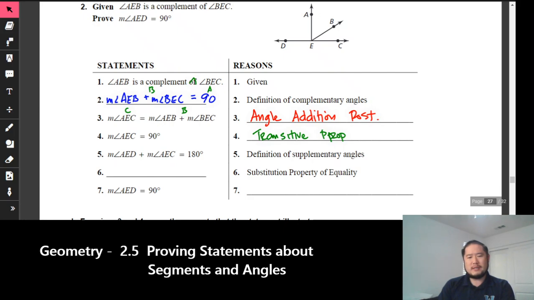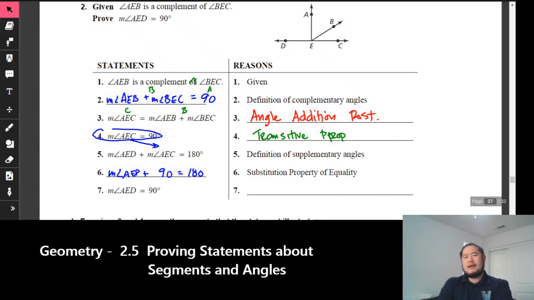Next up, they decide to use the substitution property. Well, what could I substitute in here to try to find that the measure of angle AED is equal to 90? Well, let's make a connection right here between 4 and 5. If I put the measure of angle AED plus, and I'll substitute that with 90 degrees, that's equal to 180.